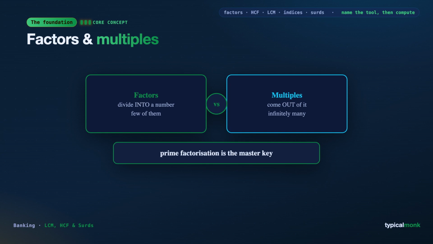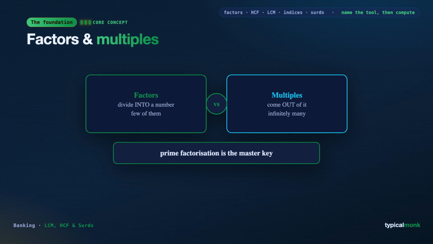There's one more idea we need: prime factorisation. Every number can be broken down into a product of prime numbers, numbers divisible only by 1 and themselves. 12, for example, is 2 times 2 times 3. This breakdown is unique for every number, and it is the master key to finding both HCF and LCM quickly, as we will see in a moment.